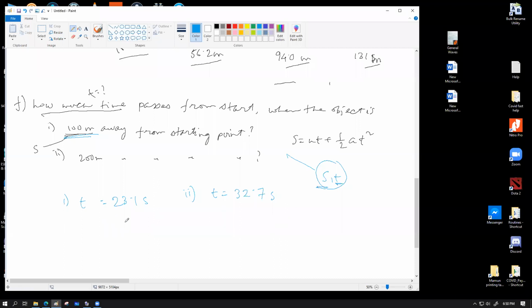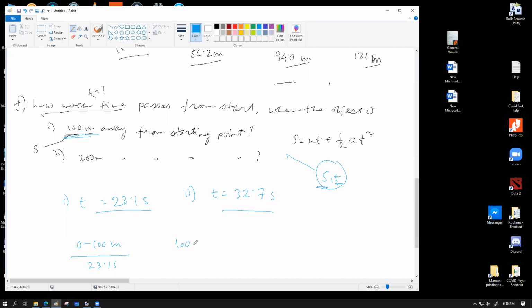So have a look over here, to cover the first 100 meter distance it required this much time, to cover the total first 200 meters, starting from zero to 200 meters, it took this much time, and to cover the total 300 meters it took a total of 40 seconds. So I can essentially write over here, from 0 to 100 meters, how much time was required? 23.1 seconds, right? Yes.